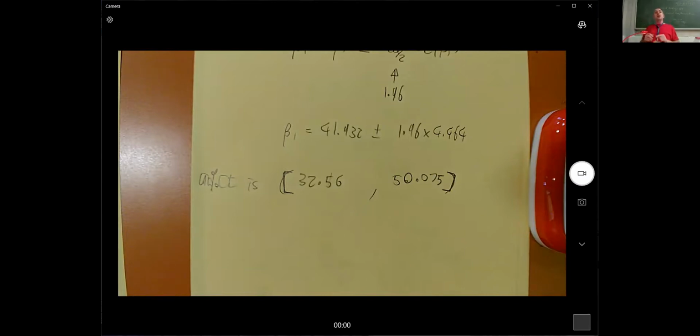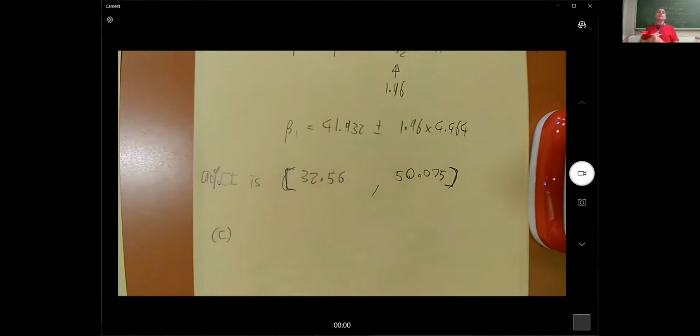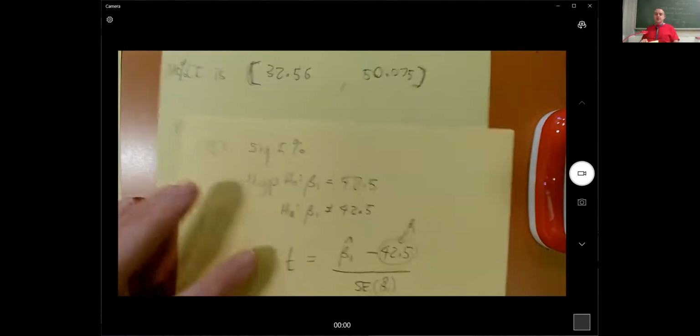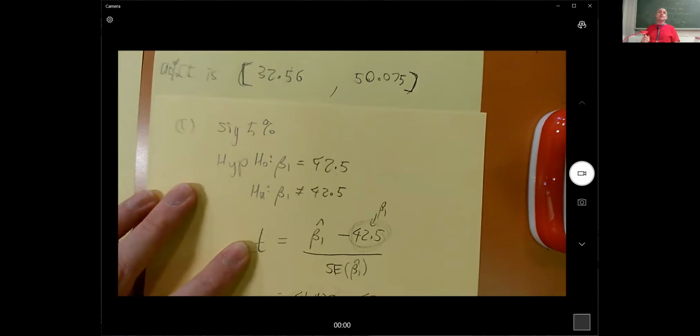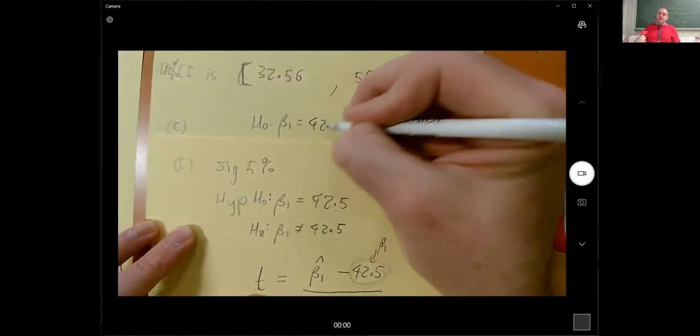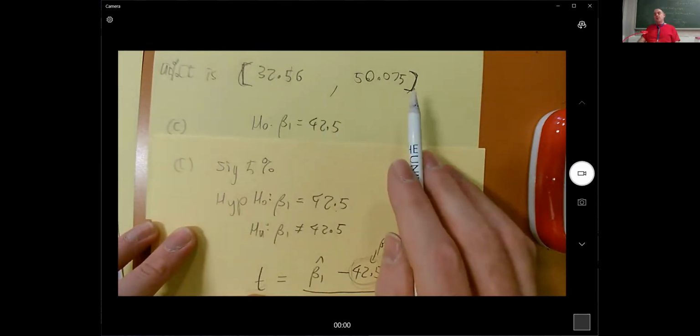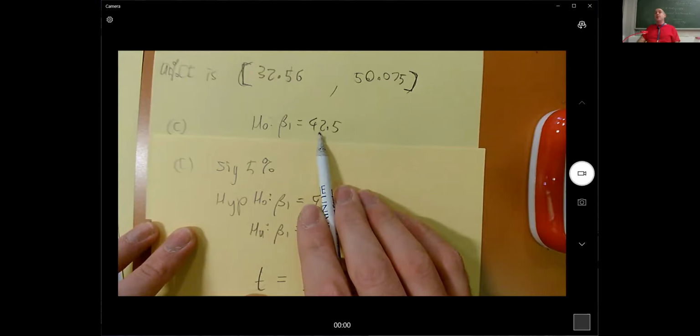So now that I've done this, I want to tell you a different way of answering part C. The confidence interval contains all the numbers that would go in this spot in the hypothesis test and not reject. So if I've got a hypothesis test which says beta 1 is 42.5, I know this confidence interval contains all the numbers that I would put in this spot and not reject them with a two-sided 5% significance level.